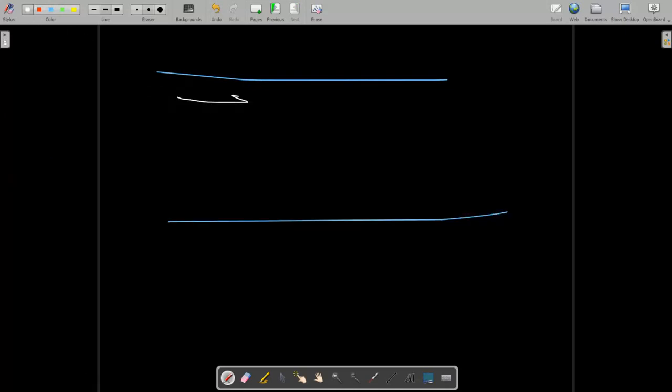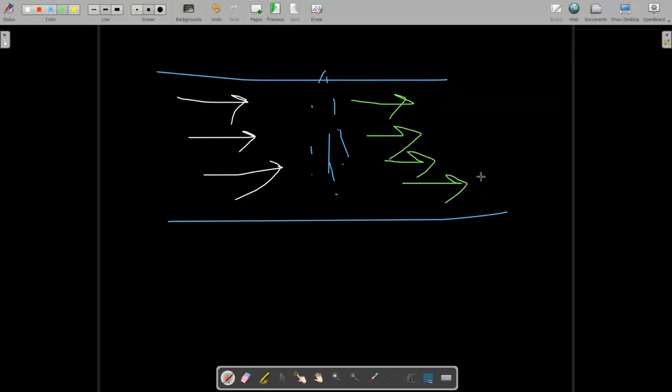If your air is coming like this, and here some water is sprayed, the air will gain some moisture and come out in a humidified state.